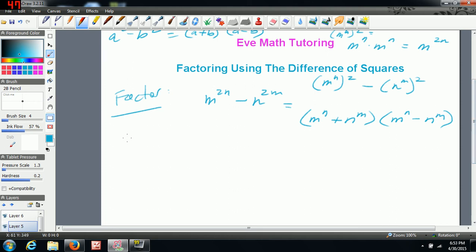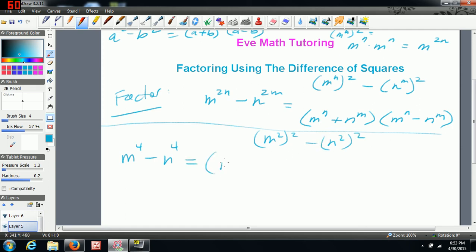What if you were asked to factor something like this, m to the 4 minus n to the 4? Well, in that case, again, you want to rewrite it. So it's going to be m squared all squared minus n squared all squared, right? So then once you have it in that form, you can write it as m squared plus n squared, and then m squared minus n squared.